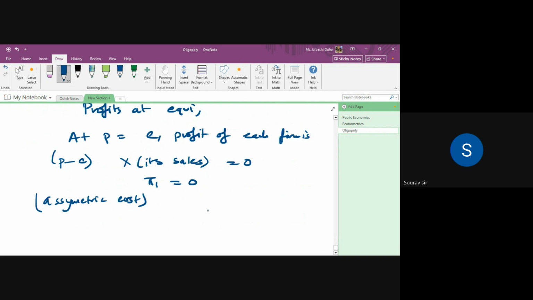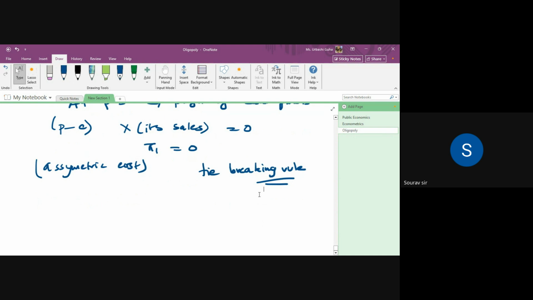So what is asymmetric cost? Here, it depends on the tie-breaking rule. Tie-breaking rule means what? Efficient tie-breaking is what? If P1 is equal to P2, then what will happen? The lower cost firm will serve the market first. So it's a clean case here.